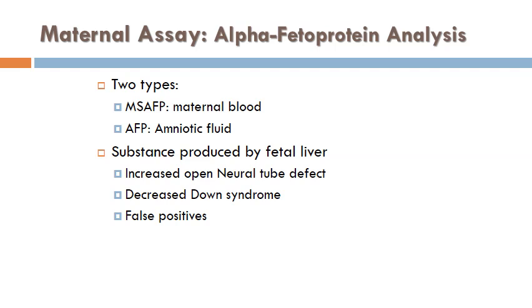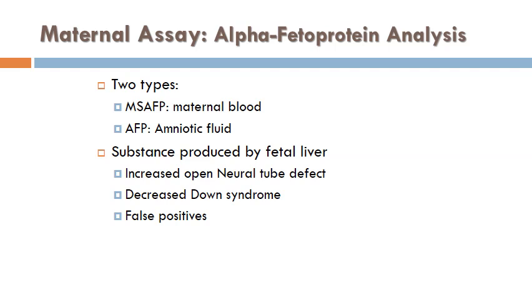It has a lot of false positives as well as false negatives. So that means that someone will get a result in the maternal serum alpha-fetoprotein that says that their results are low. So they're nervous their whole pregnancy, and they're just very stressed, but then it turns out nothing's wrong.